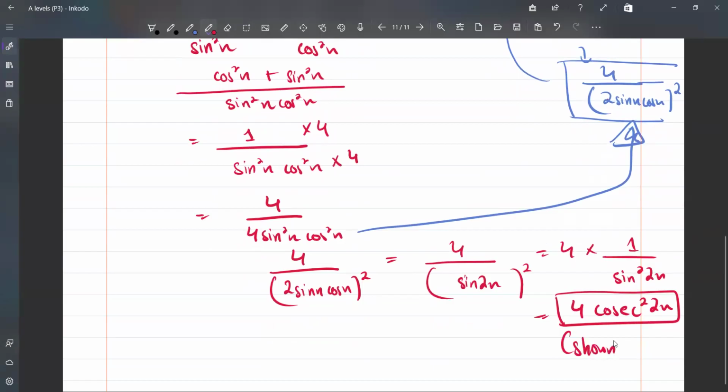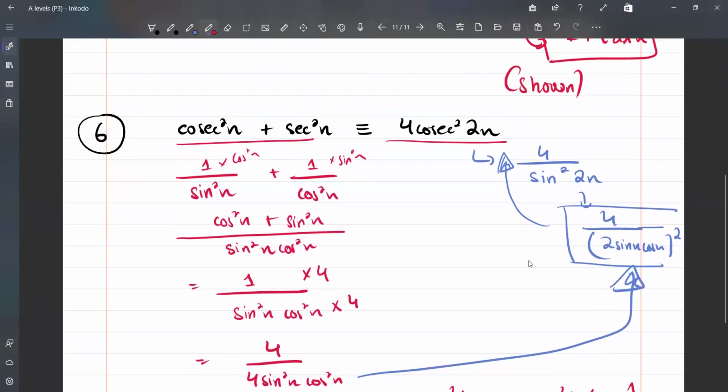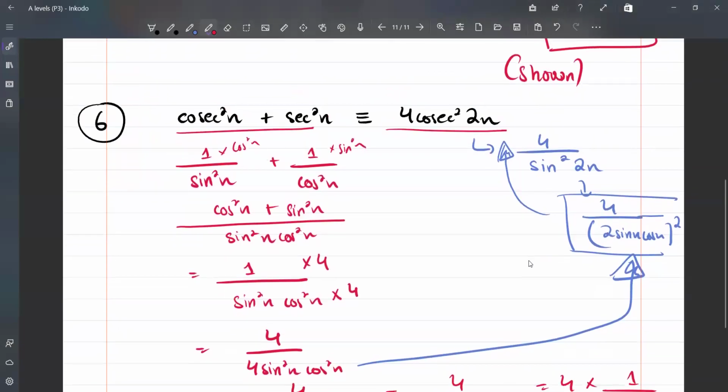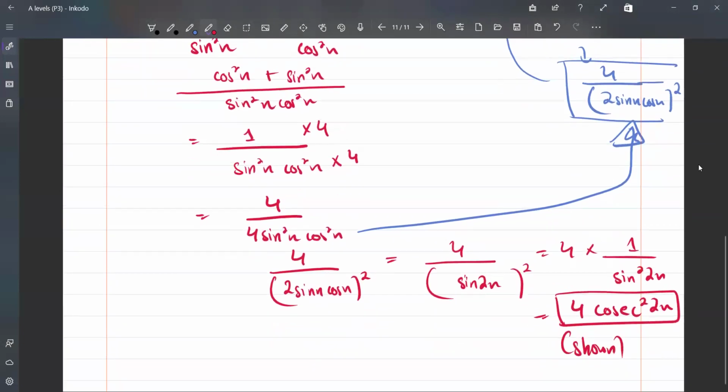So what we learned here is that sometimes it is a good idea to do a bit of reverse engineering. All right. And remember, in these identities, at times you will have to introduce stuff like we introduced 4 here in the numerator and the denominator.